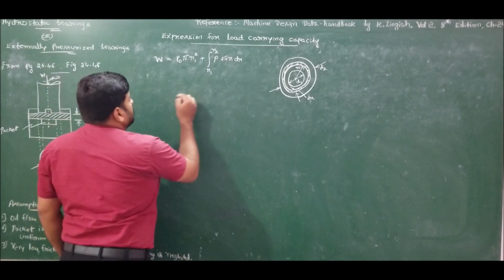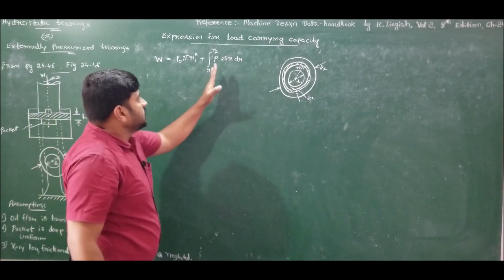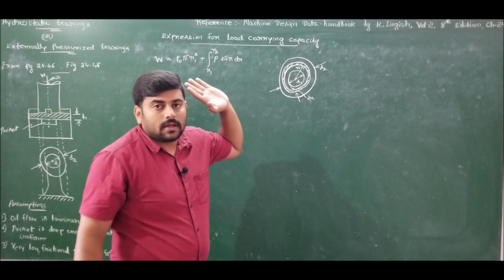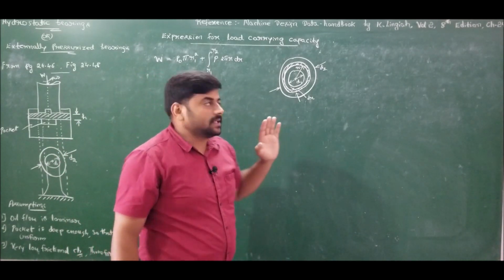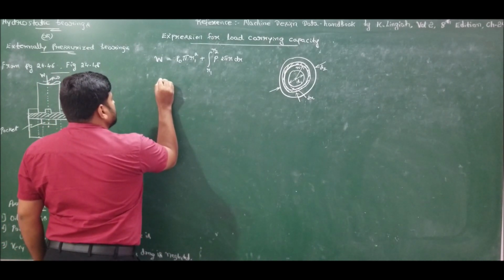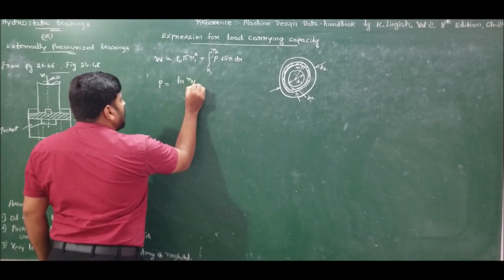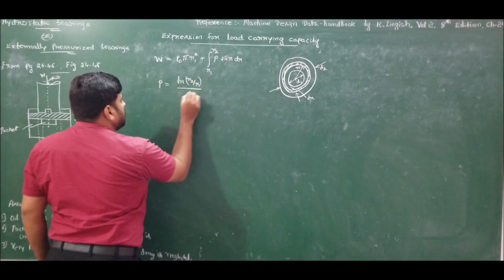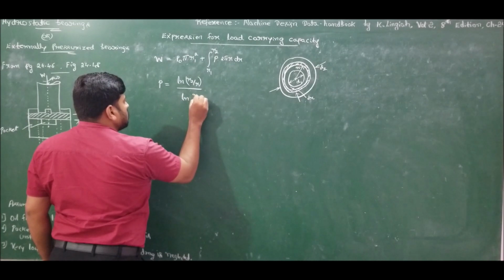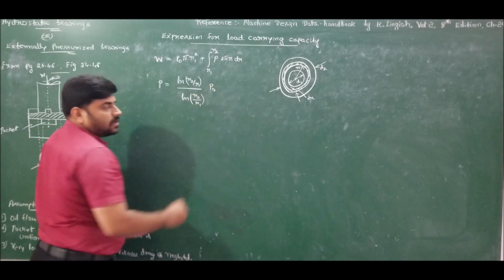Now let me substitute the relation which we derived in our previous lecture, that is, the correlation relating the pressure distribution and the pocket pressure. If I recall, we derived the expression for the pressure distribution: P is equal to ln of R2 by R divided by ln of R2 by R1, multiplied by the pocket pressure P0.